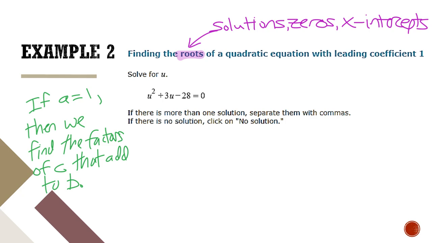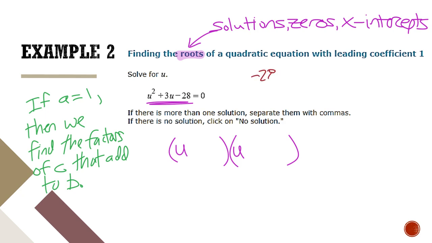So in this case, we'll say that this part is equal to, and we're going to have a bracket and a bracket. We're going to break it apart. And the only way to get u squared nicely is u times u. Then we're going to look at the factors of negative 28, and let's go ahead and do that in red.